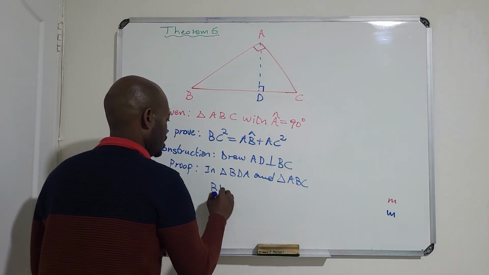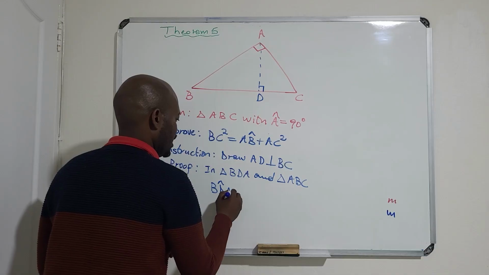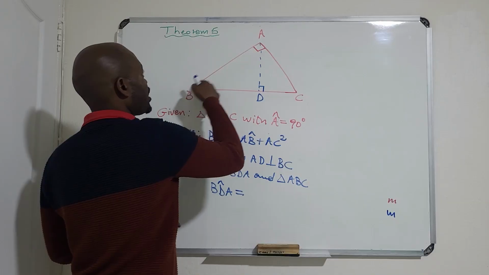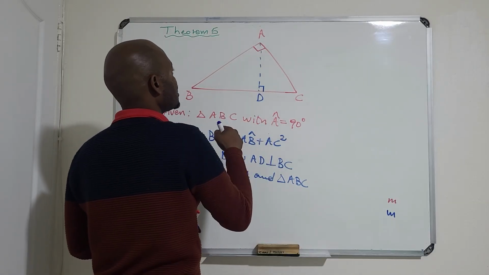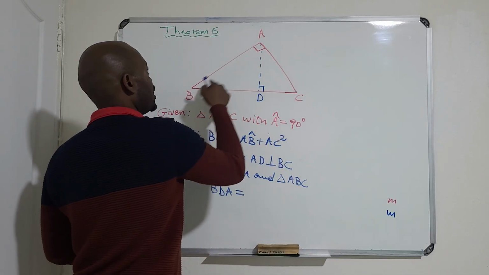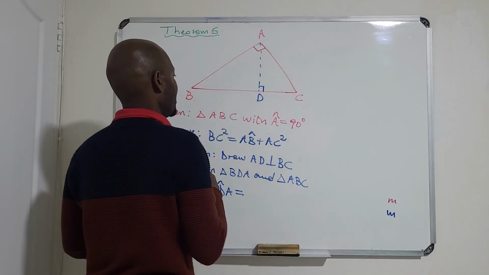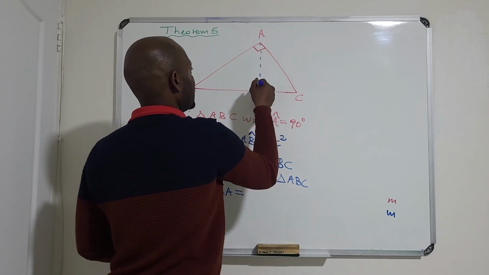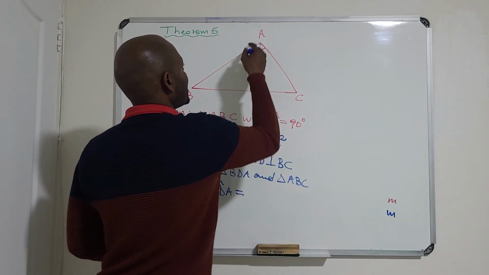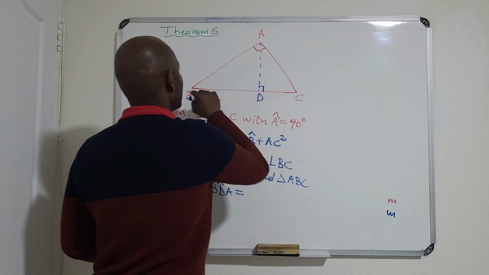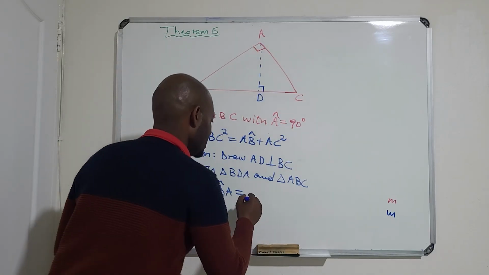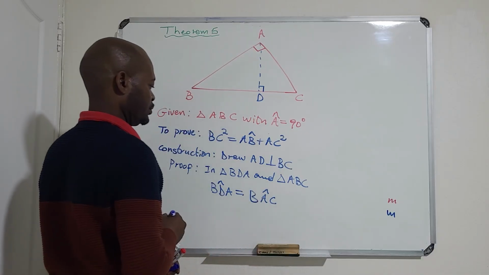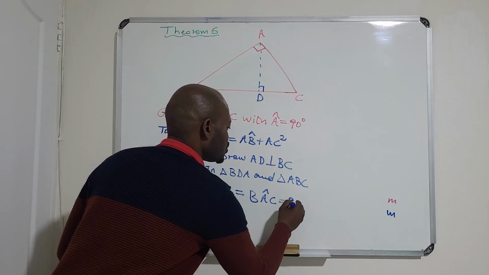This angle is equal to this angle. So in this triangle I've got 90 degrees, and in this whole triangle I also have 90 degrees there. Therefore, angle BDA, which is this angle, is equal to angle BAC, which is equal to 90 degrees.